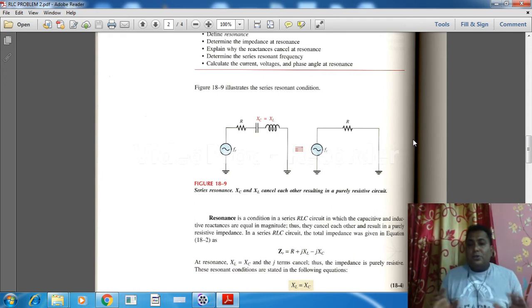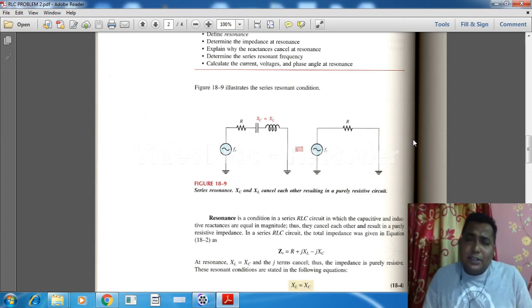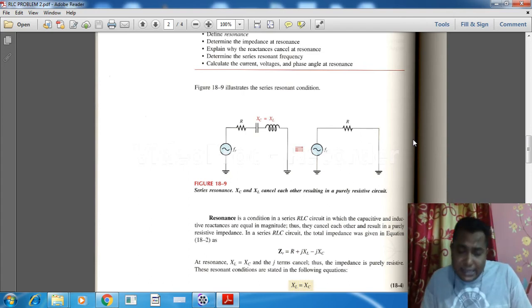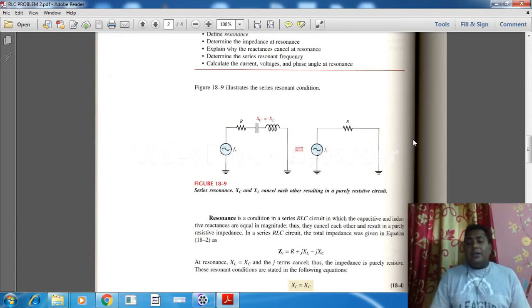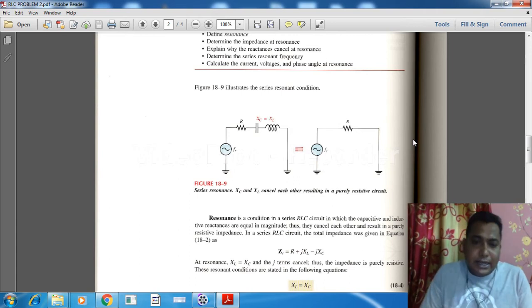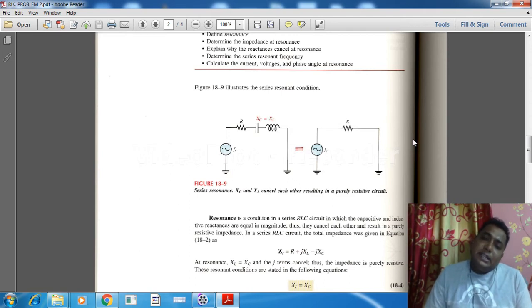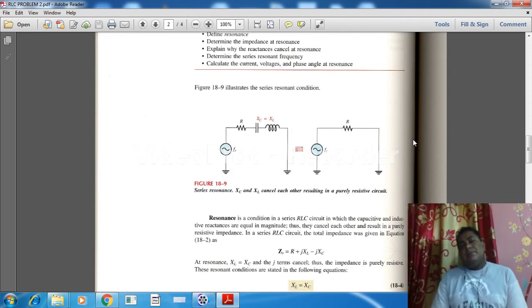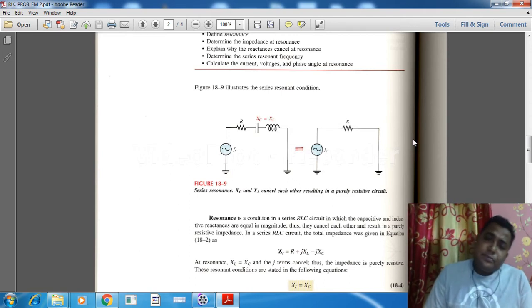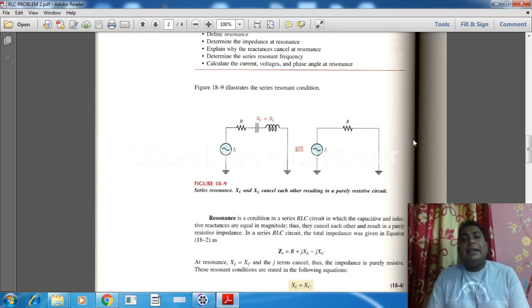So what is known to us? In the RLC series circuit, when resonance occurs, the impedance of the circuit is minimum, and as the impedance is minimum, the current in the circuit is maximum.